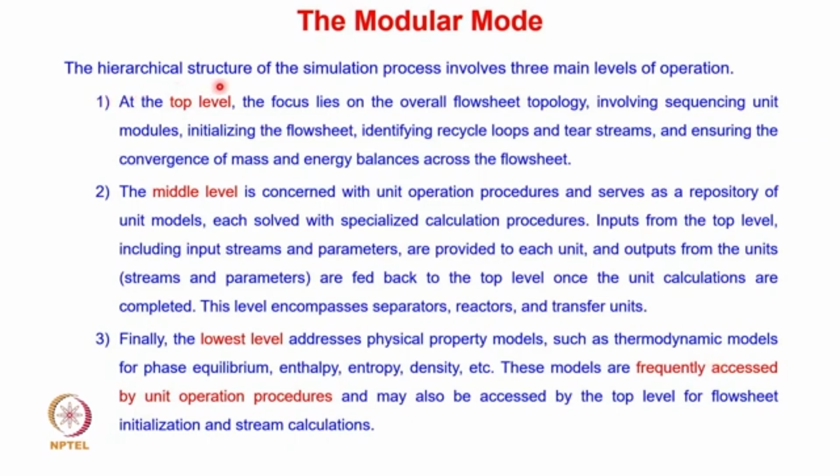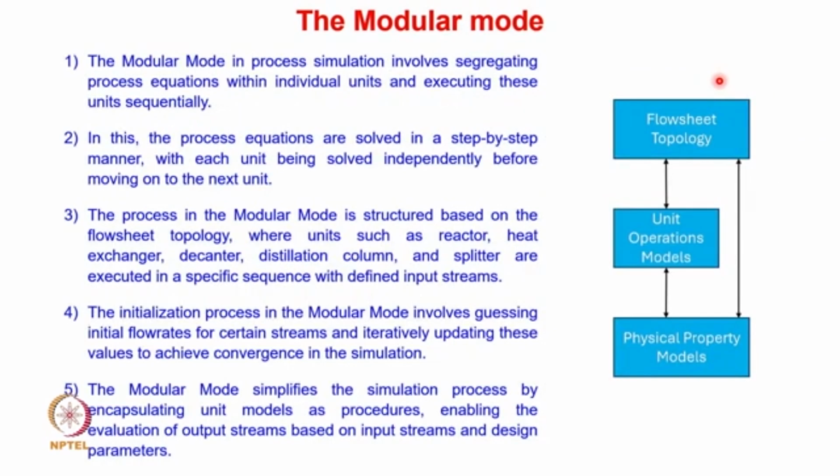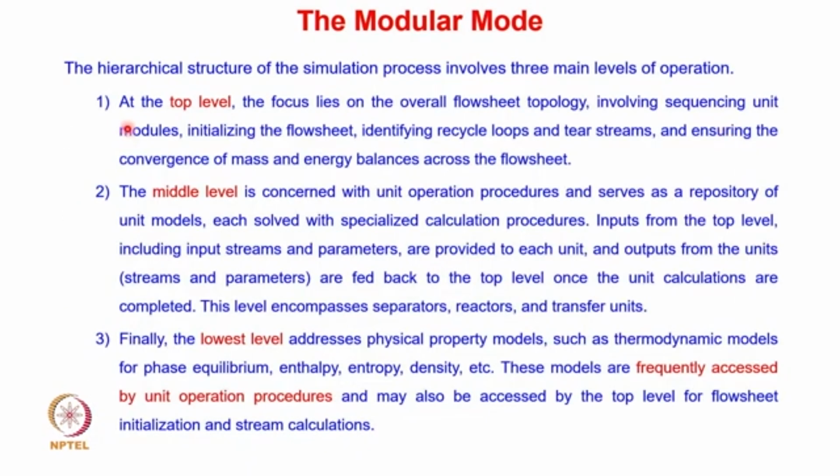Okay. So in the modular mode, if you look at the hierarchical structure of the simulation process, it involves three main levels of operation, and these three main levels we have shown here, isn't it? The lowest level is the physical property models, the intermediate is the unit operation models, and at the high level it's the flowsheet topology which we are trying to solve. At the top level, the focus lies on the overall flowsheet topology involving sequencing of unit modules.